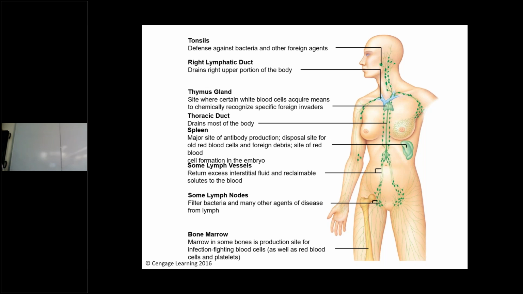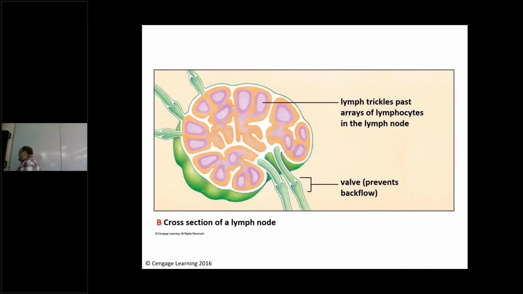So they don't directly kill the cell, but they mark it for destruction. So it's pretty much like putting a little sign on the cell saying, hey, this cell's no good, immune system, macrophages, dendritic cells, destroy that cell. Natural killer cells destroy that cell. And so that's the role of those antibodies. Okay.